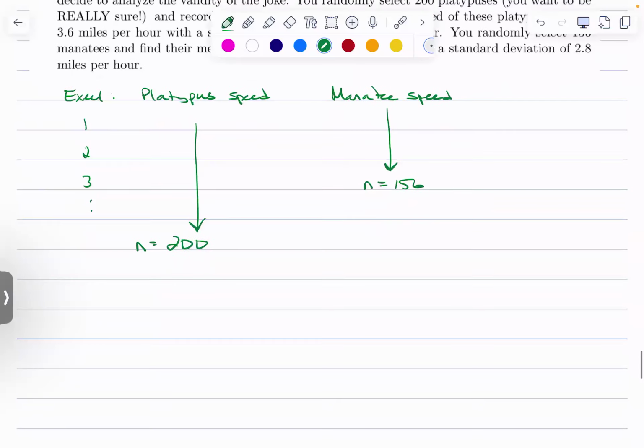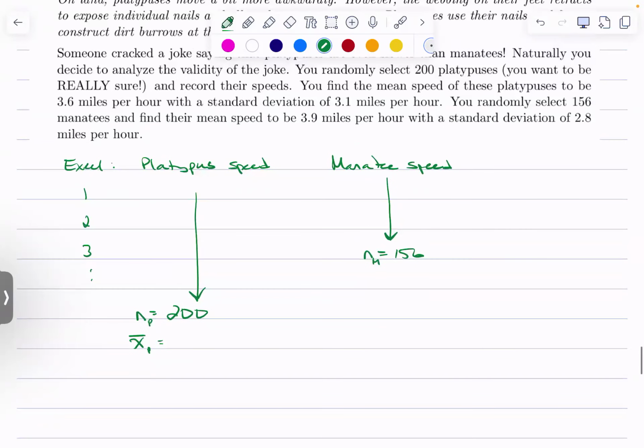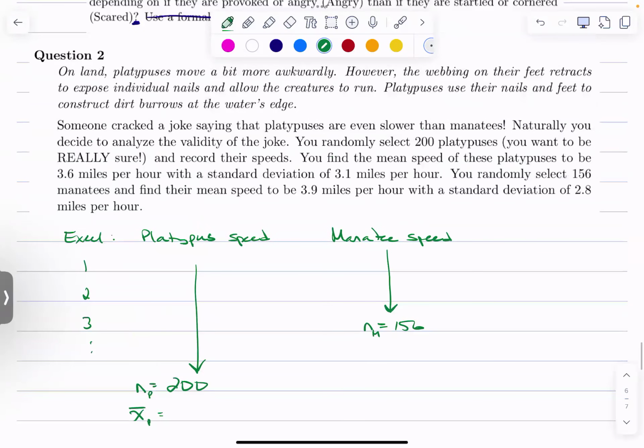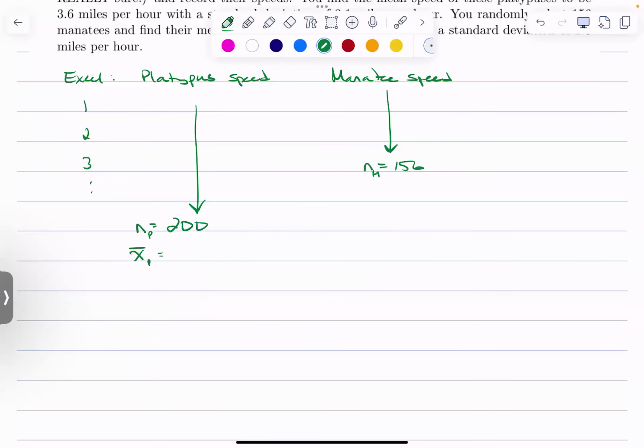Of those, let's do a little P and an M on here just to keep track of which group it's from. Of these below, I can find the mean, or we found that the mean speed of the platypuses was 3.6. Right, so if you imagine your spreadsheet, then you know how to find the average of something, right? Equals average, and you take all those data points and it'll return it.